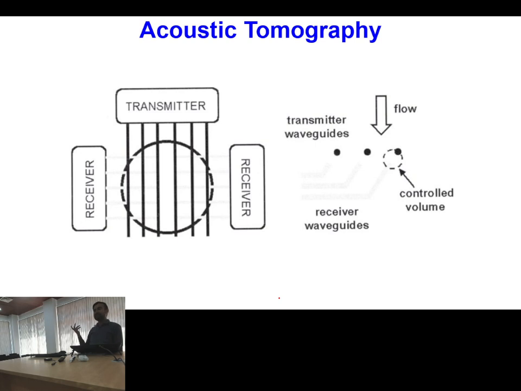In acoustic tomography, once again the fundamental principle is the same: we have a set of arrays at different points, but instead of an electrical signal, we now have an acoustic signal. For the acoustic signal, say this is one transmitter, and it is connected through some waveguides. These waveguides allow the signal to flow in this direction, and in the cross direction we have other waveguides acting as sensing waveguides, which transfer the signal to the corresponding receiver.